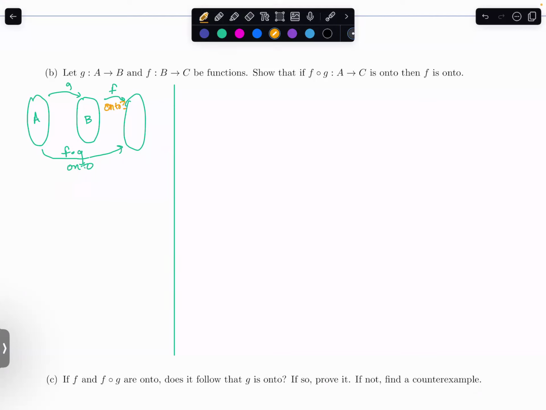We get to assume F of G is onto, and we want to show that F is onto.